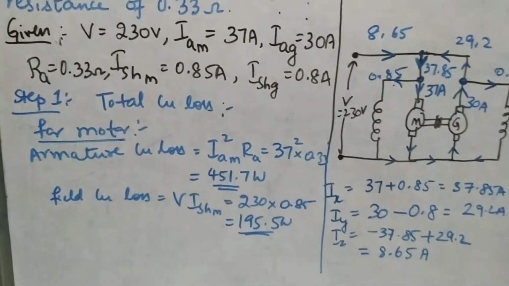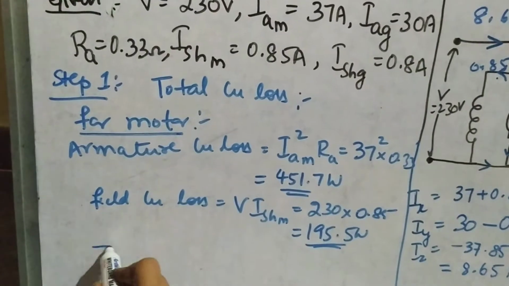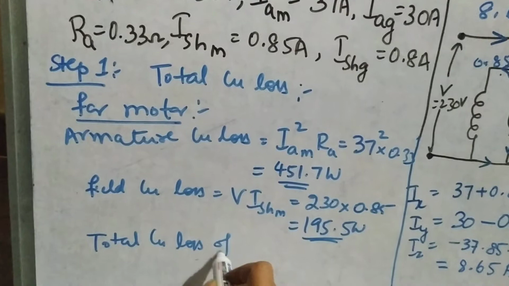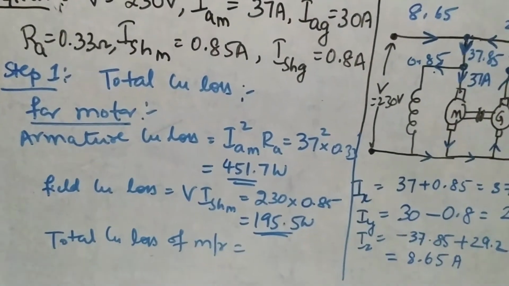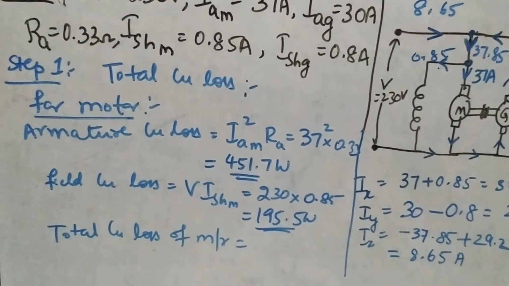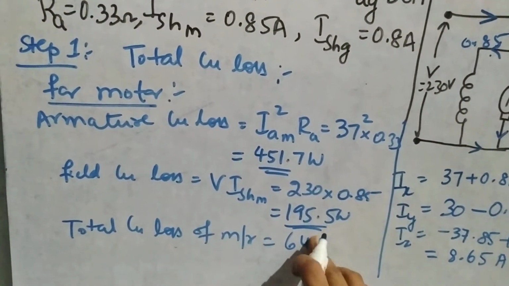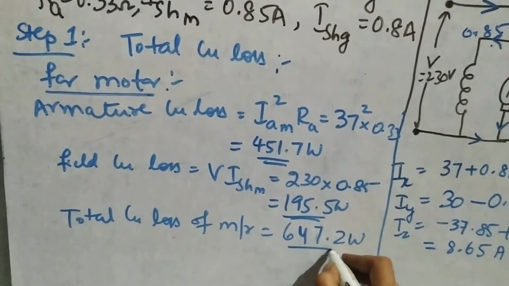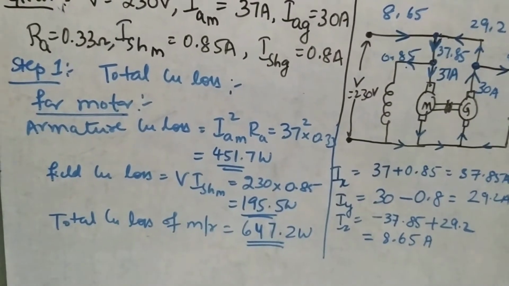After this, add these two values. Therefore, the total copper loss of the motor is 451.7 plus 195.5. When you add these two, you will get 647.2 watts. This is about the motor.